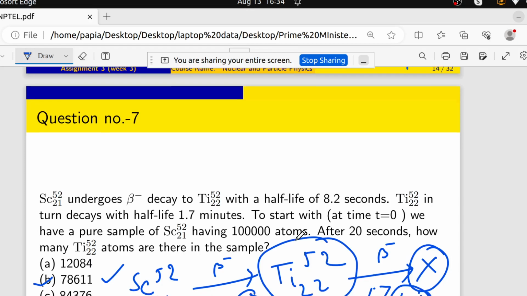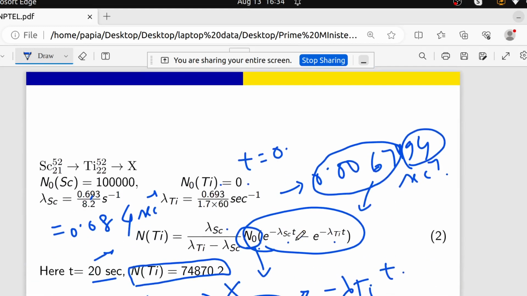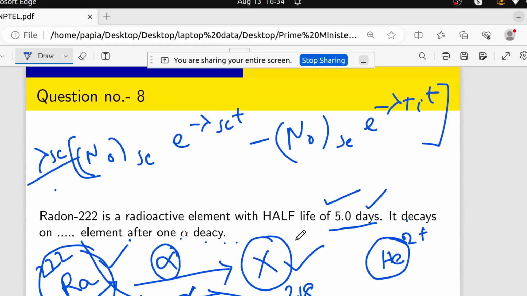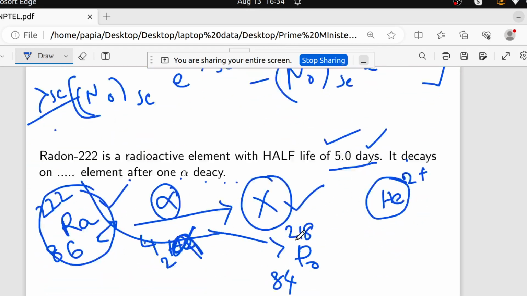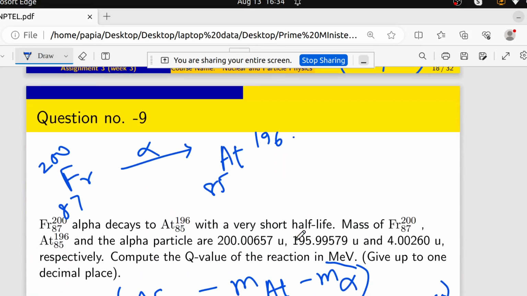Okay, it's a very similar one. After 20 seconds, how many atoms are there in the sample? Then radon 222 is a radioactive element with half-life of this, and it decays to which element after 1 alpha decay? Then this is for the calculation of Q value.